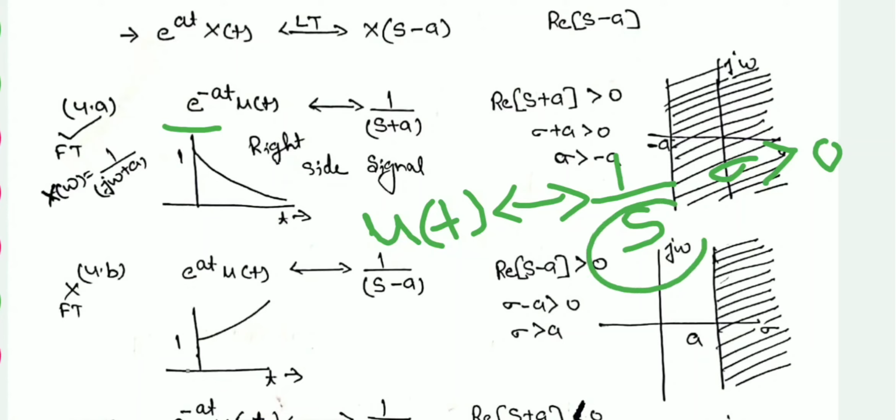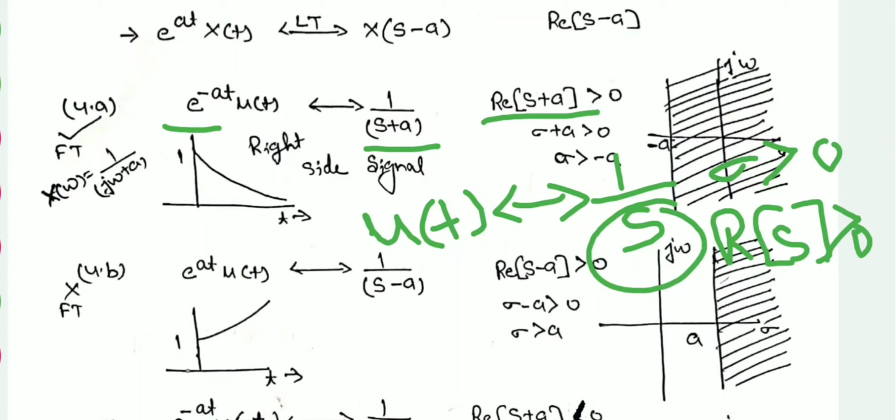And for the ROC, sigma is nothing but the real part of s, so the real part of s is greater than 0. Therefore, in this case also the ROC is nothing but s plus a greater than 0.